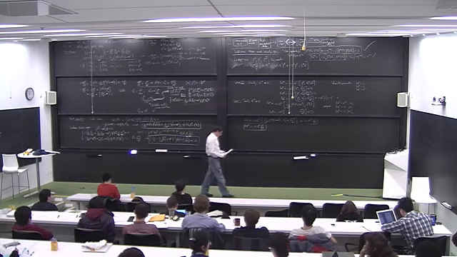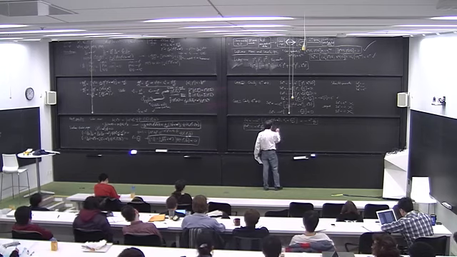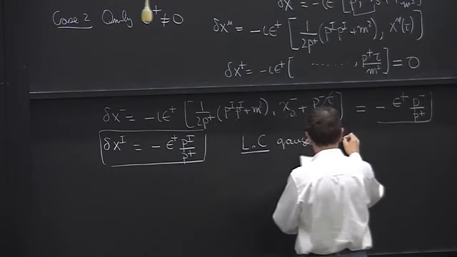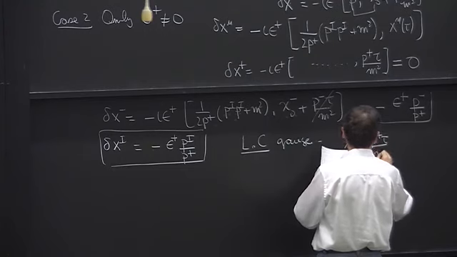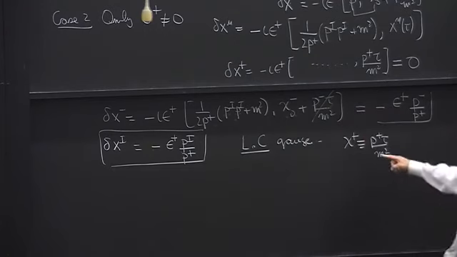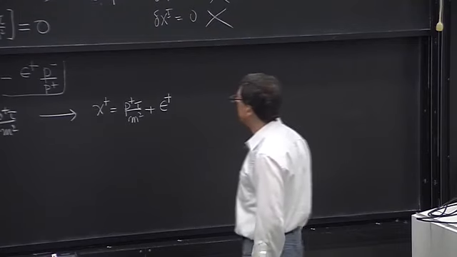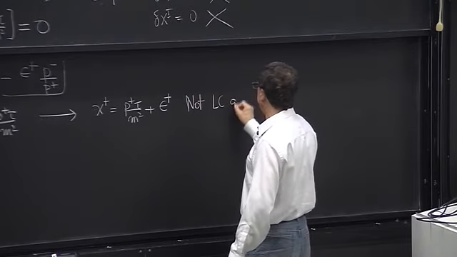You see, you impose the light-cone gauge, in which x plus was equal to p plus tau over m squared. If this had gotten translated, after this transformation, x plus would have become p plus tau over m squared plus some epsilon plus. And this is not light-cone gauge anymore.